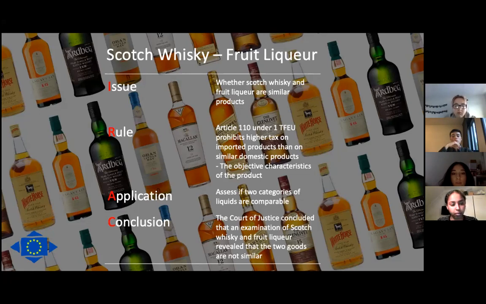Moreover, it must be determined whether both beverage types are able to supply the same demands from the customer perspective. The Court concluded that an examination of Scotch whiskey and fruit liquor revealed that the two goods are not similar.